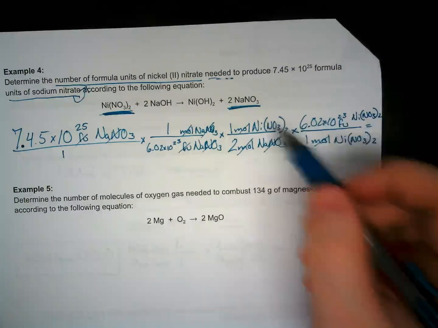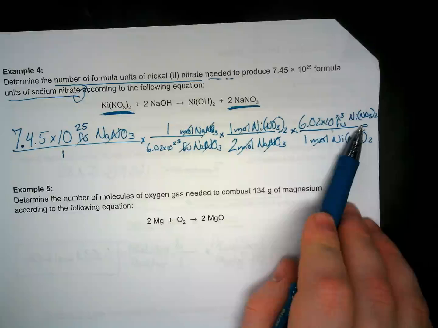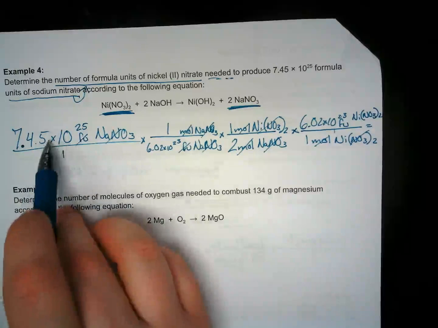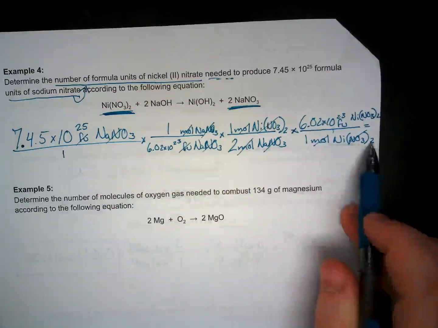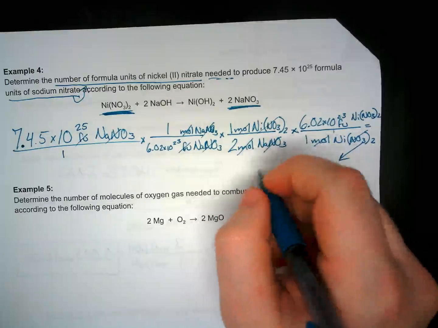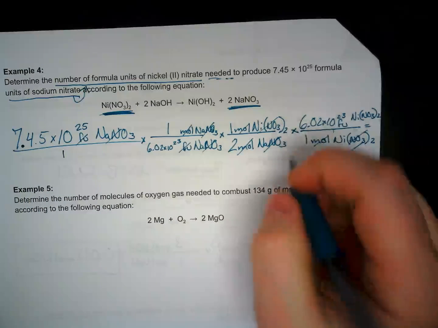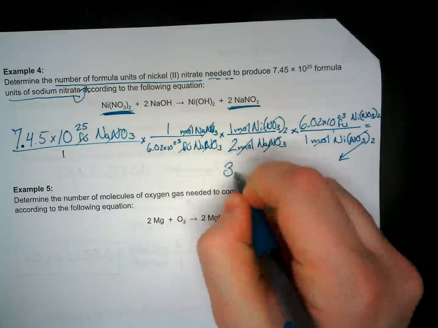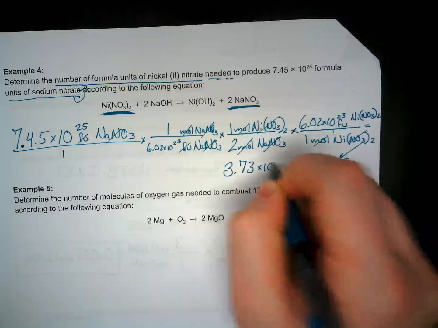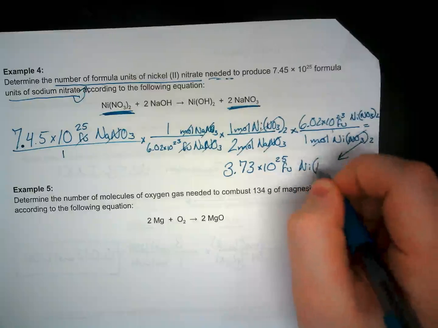So moles cancel out, and I'm left with formula units of nickel nitrate after I multiply across the top, multiply across the bottom, and divide top by bottom. My answer here, keeping sig figs, which is 3, would be 3.73 times 10 to the 25th formula units of nickel nitrate.